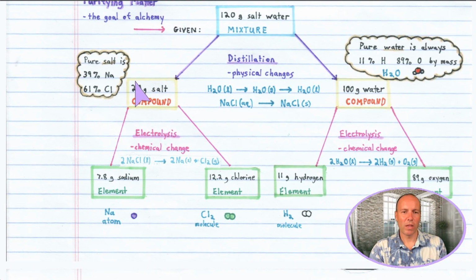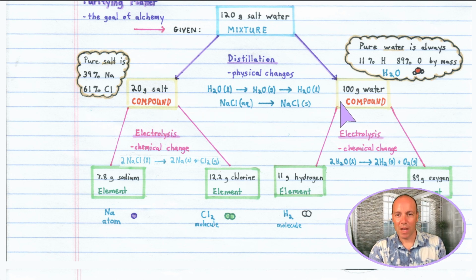And if you have 20 grams of salt, since salt is always in fixed proportions of 39% sodium and 61% chlorine by mass, 20 grams of salt would yield 7.8 grams of sodium metal and 12.2 grams of chlorine gas. No matter where the salt comes from, if you have 20 grams of it, that's how it divides up.